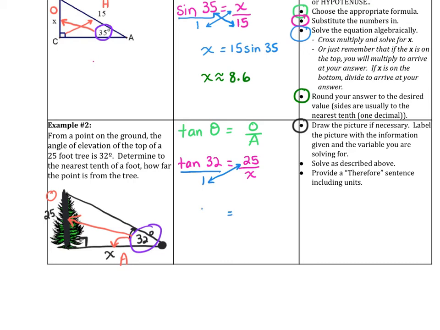So 1 times 25 is 25. And then x times tan 32. Now in this case, tan is not isolated. So what we have to do is to divide both sides by tan 32.